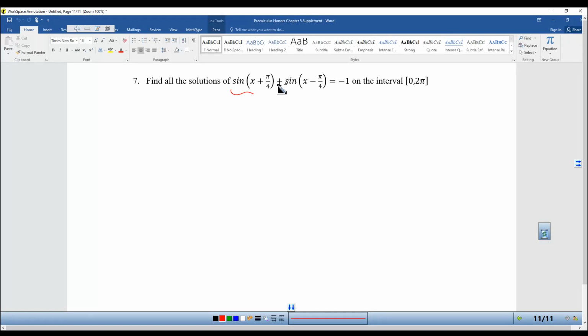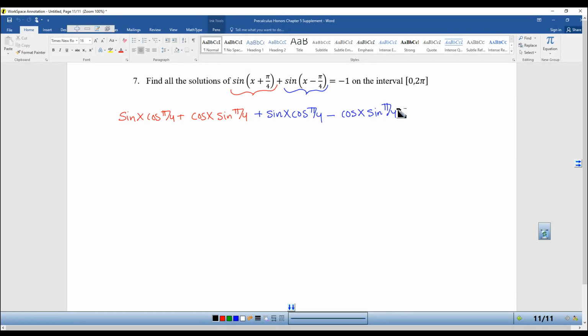So sine of x plus pi fourths is going to be, using the formula, sine of x cosine of pi fourths plus cosine of x sine of pi fourths. And then sine of x minus pi fourths is going to be sine of x cosine of pi fourths minus cosine of x sine of pi fourths.